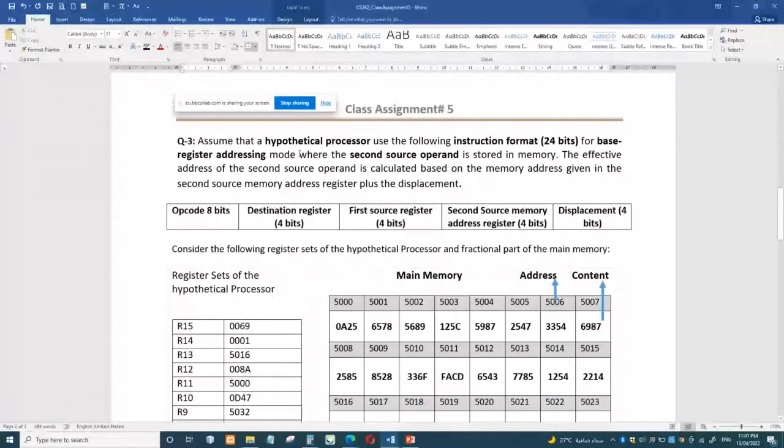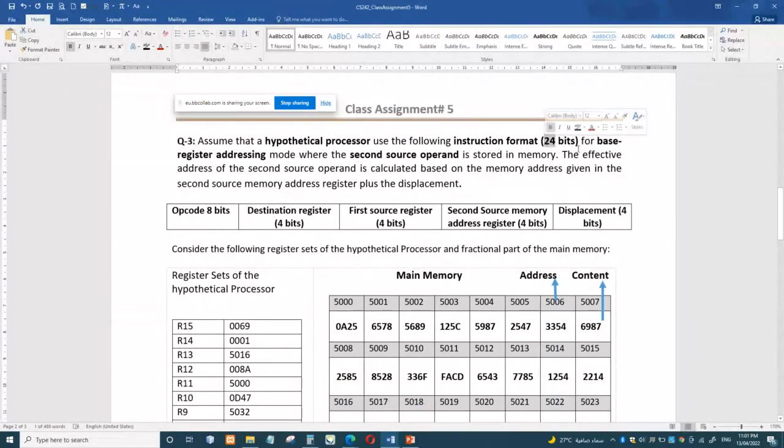You can see, assume that a hypothetical processor uses the following instruction format. The instruction format is 24-bit for base register addressing mode, where the second source operand is stored in the memory. In this instruction, 8 bits are used for the opcode. There is one destination register, that means the result will be stored in a register, and which register is specified using 4 bits.